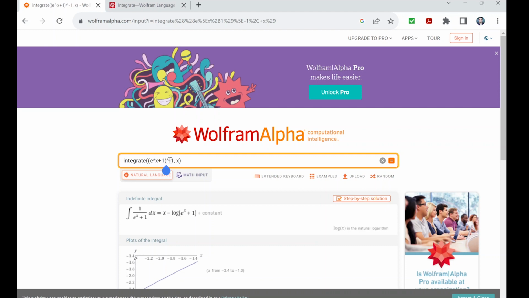I didn't put parentheses around the -1, but it still interpreted it right. I put a comma and then an X to give it the variable of integration. And it does this integral for me. It's a good idea if you're using Wolfram Alpha to check that it got the correct input, because sometimes you would need to put in parentheses or be a little more careful.